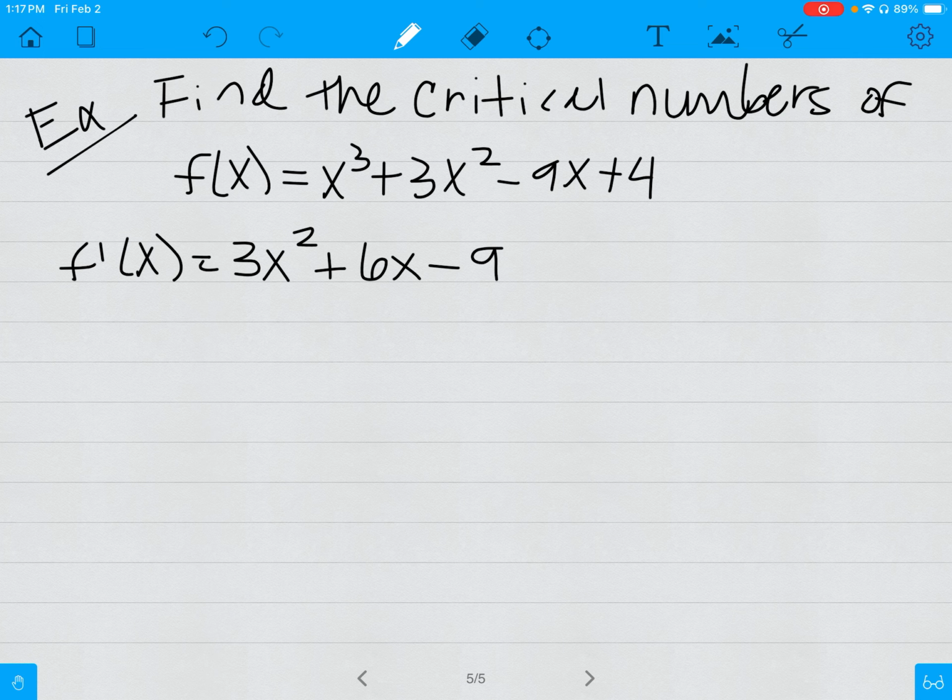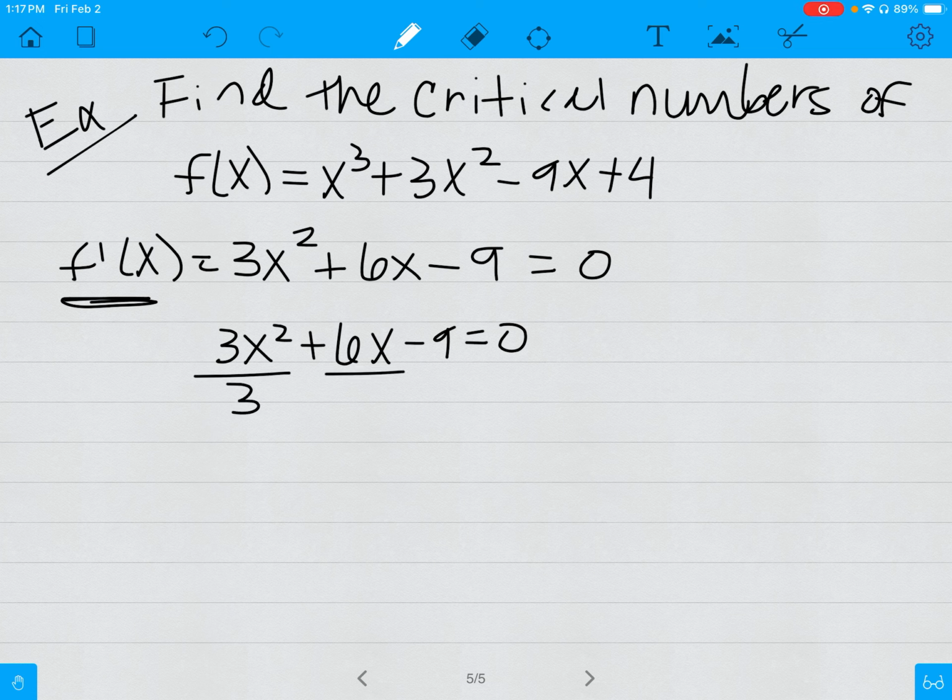And then because our definition of critical numbers said that we're looking for a place where the derivative of the function is equal to 0, we're going to set the derivative equal to 0 and solve for x. You'll notice each of these terms has a factor of 3, right? They're all evenly divisible by 3.